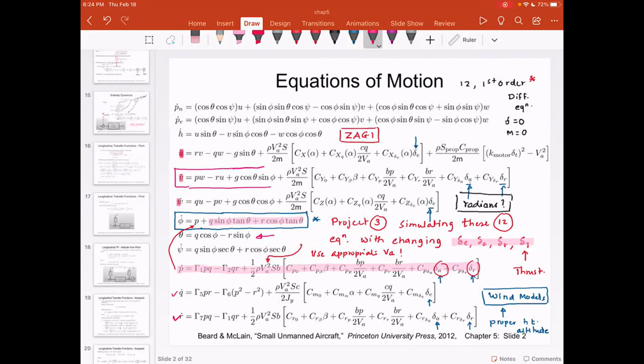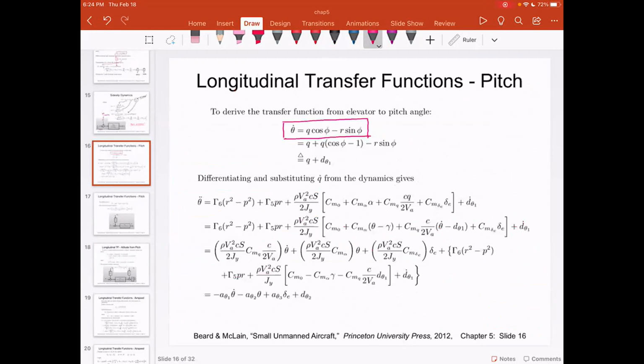Once you do the differentiation, the theta dot equation is differentiated into theta double dot, and then the derivative terms are replaced, and finally, all said and done, you come up with a very nice linear equation that is shown over here.